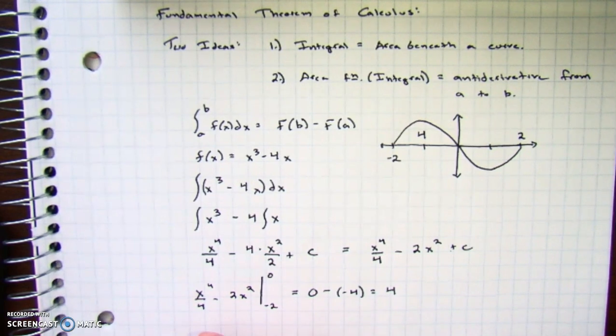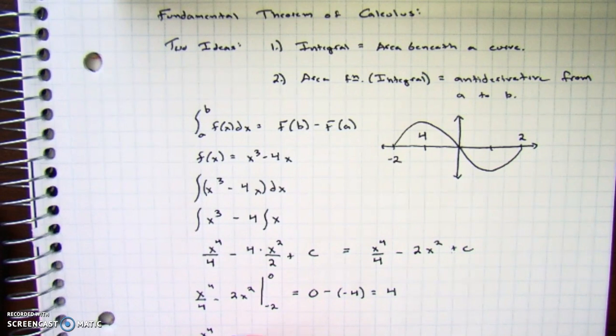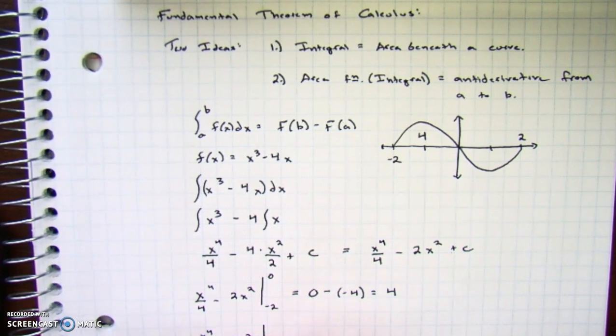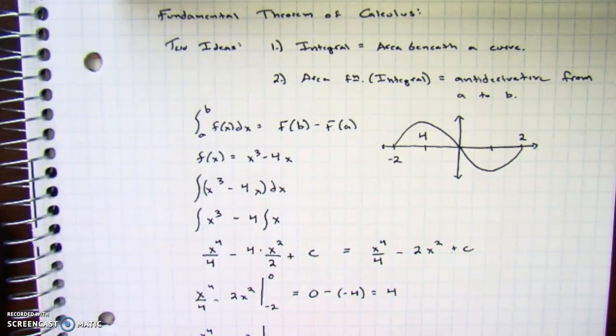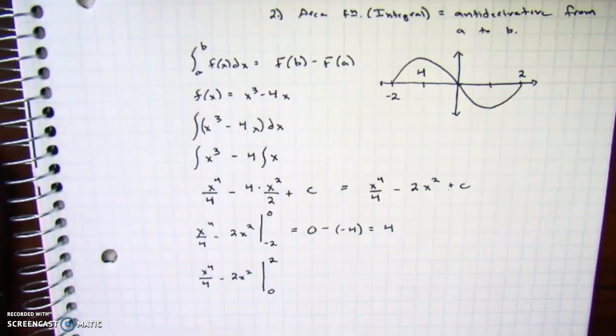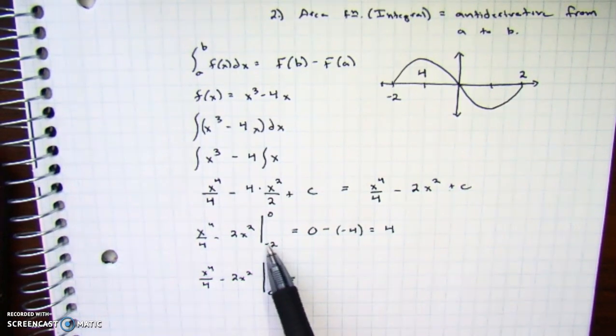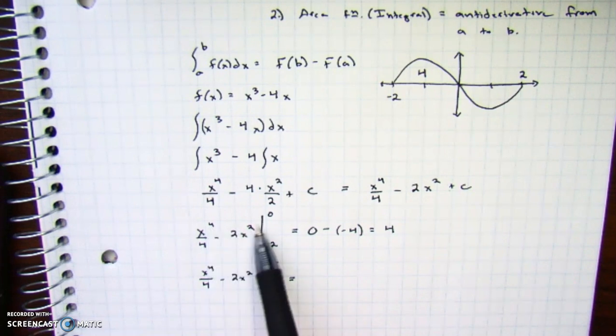Okay, so let's do the exact same thing, only this time we're going to go from 0 to 2. So just as a little trick, I know that since this is even and that's an even value, at 2 and -2, this is going to give me the same value.